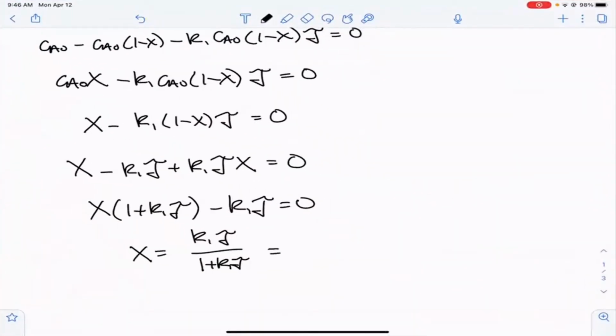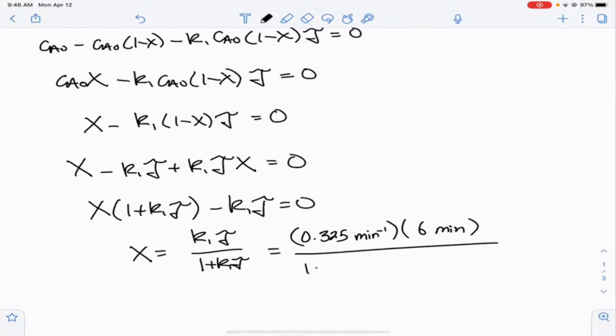And so that's equal to 0.325 times, and then tau then would be, and let's just get the units right, right, that's minutes to the -1. Tau here is 6 minutes divided by 1 plus 0.325 times 6. Right? And that gives us a conversion of 0.66.